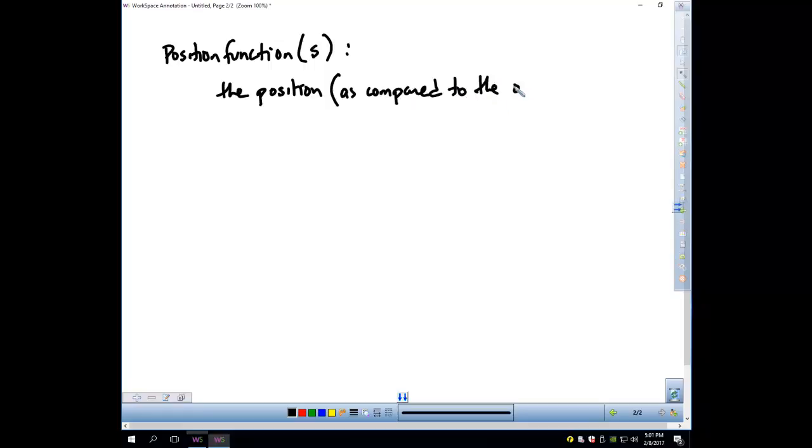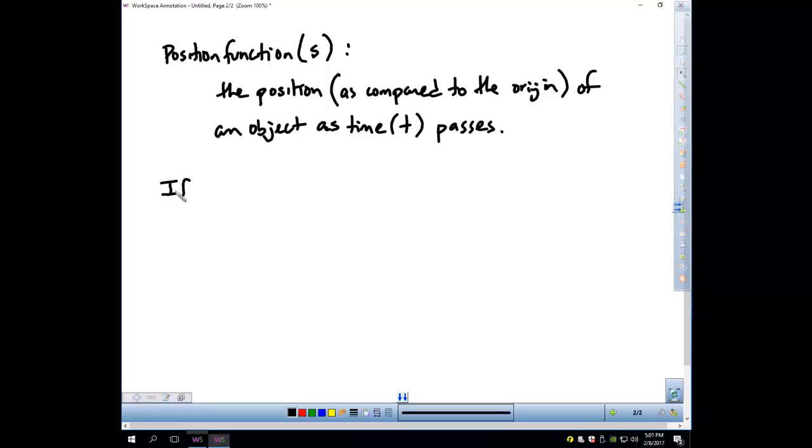We're talking about the height of an object, either being shot up or falling down. It's the position of an object as time, which we are going to symbolize with t, passes. So the idea here is we're talking about objects that are moving, preferably moving up or down.